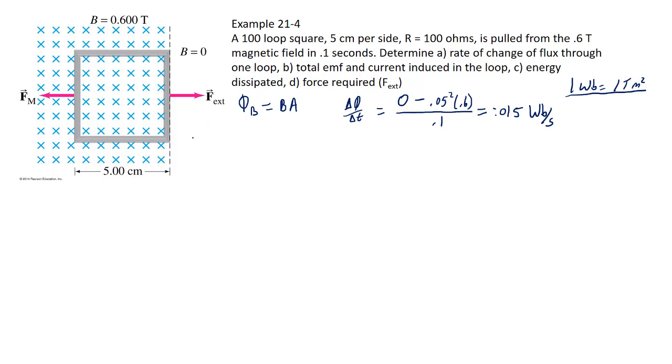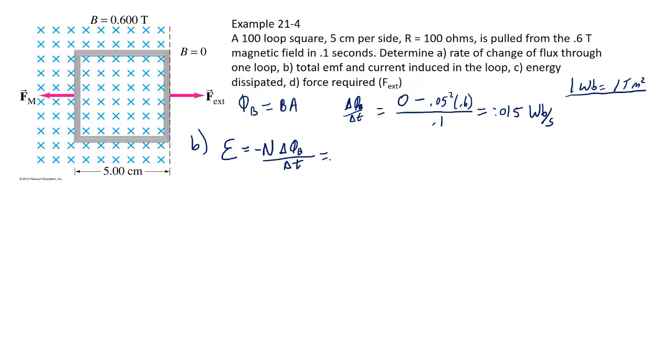Now, part B says, what is the EMF in the whole loop? Well, according to Faraday's law, the EMF is given by the opposite of the number of coils times the rate of change of the magnetic flux, and I really should put a sub B on there, over delta t.